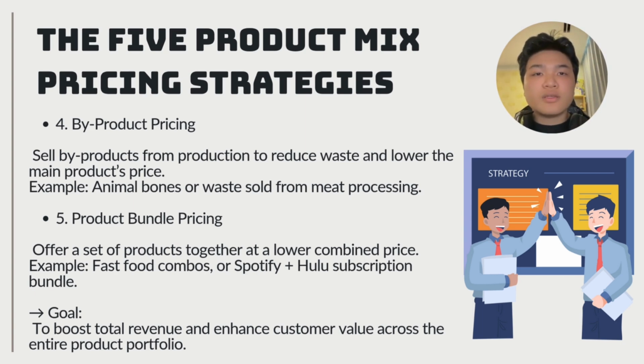It allows companies to lower the price of their main product and reduce cost, for example, selling animal waste as fertilizer. Lastly, product bundle pricing means combining several products into one package with a lower total price.